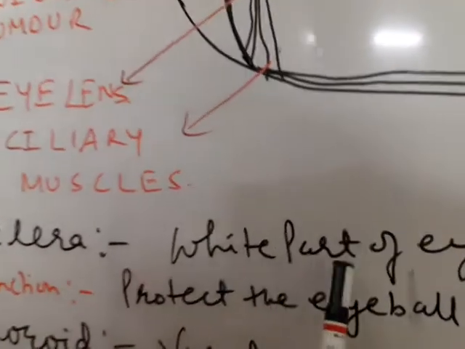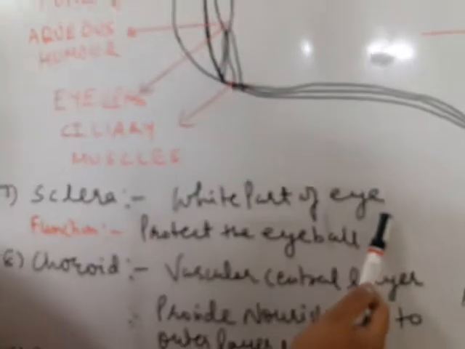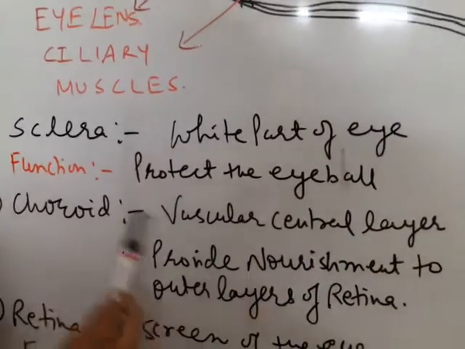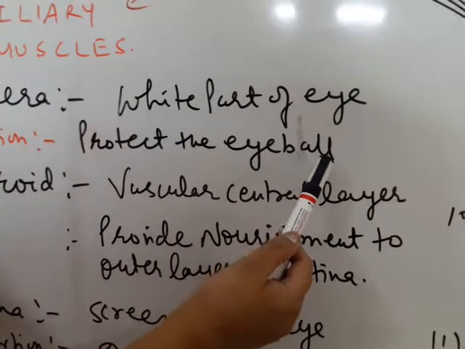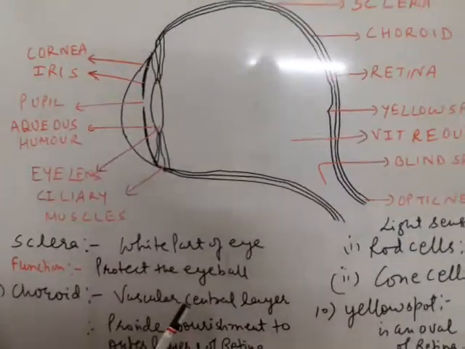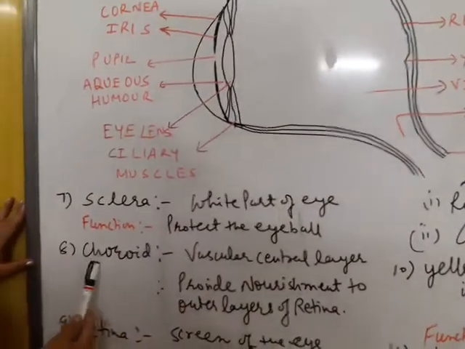Sclera is the white part of the eye. Its function is that it protects the eyeball. Whatever structure is present inside the eye is protected by the sclera.